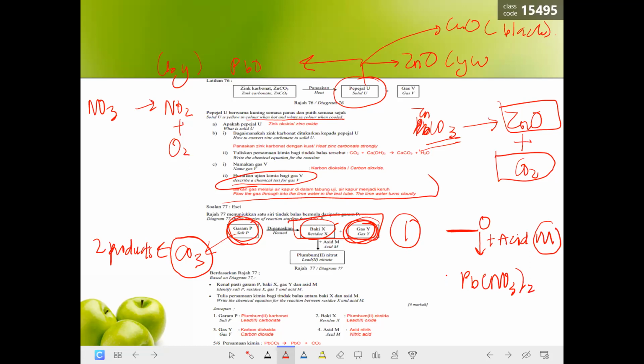You see, suddenly I got lead here. Where did the lead come from? Pb2+, nitric acid. Very good. My acid M is actually nitric acid, and my oxide here is PbO. Is everyone clear? Does anyone know what teacher's talking about? Or are you lost? Anyone here lost? Yeah, I'm lost.